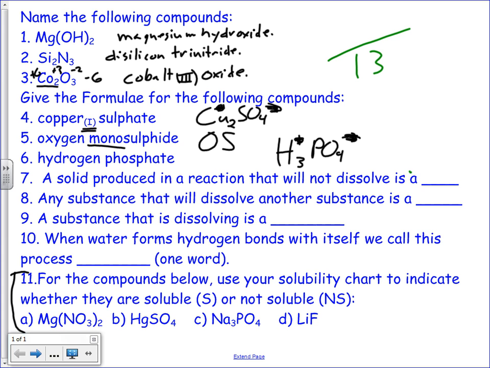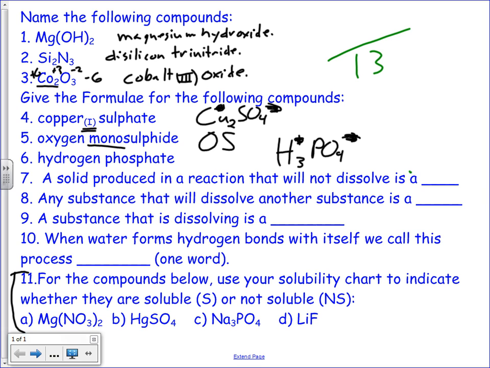Anything where hydrogen is acting as a metal is acidic. So this is an ionic compound that is going to be acidic. So you're going to have a white crystalline solid probably, that dissolves easily in water, probably has a conductivity of 10, and has a pH of 1. Something like that. That's the thought process you need to go through when you're figuring out which substance is which on your lab report.